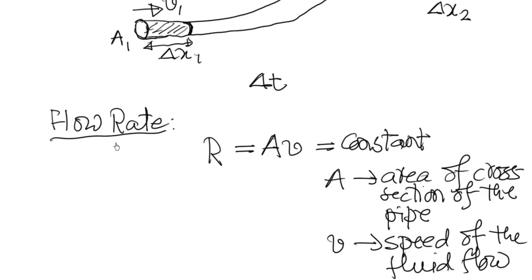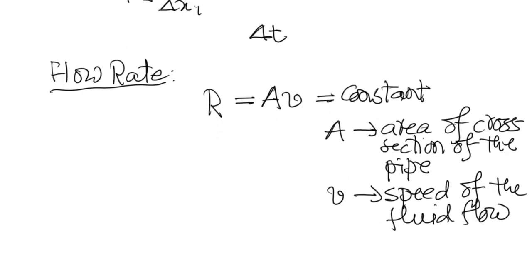So this is flow rate R, and this is constant for a fluid flow through a pipe.